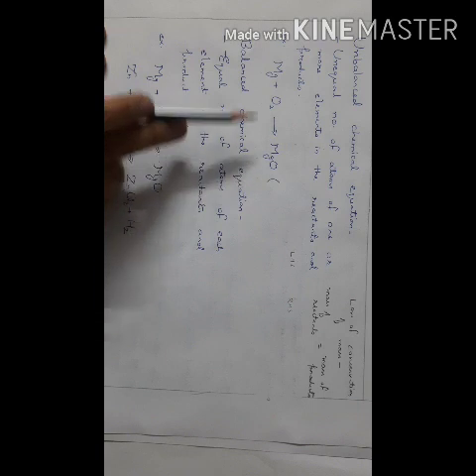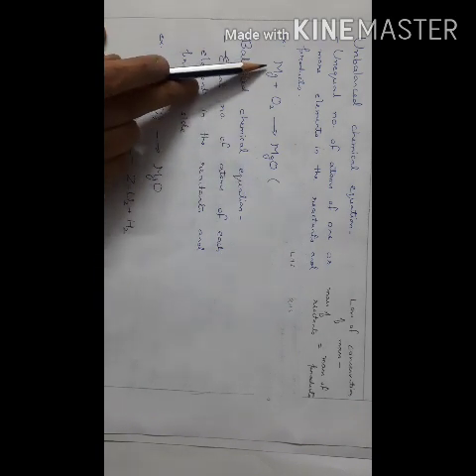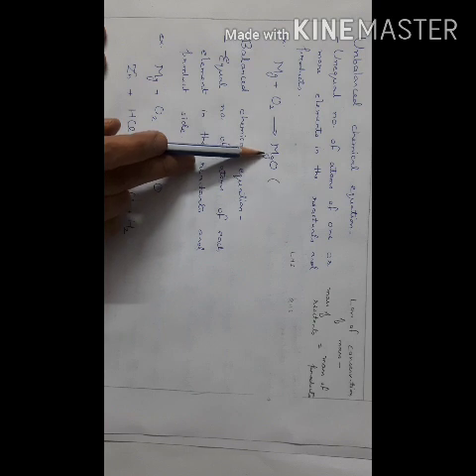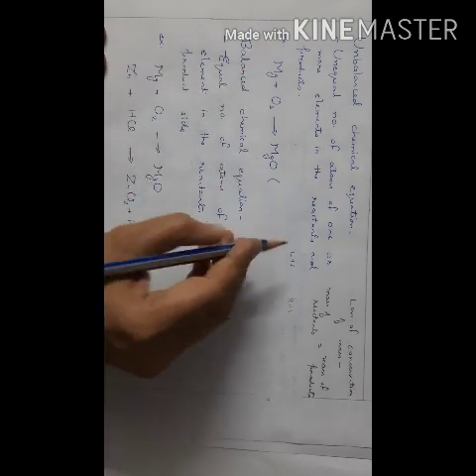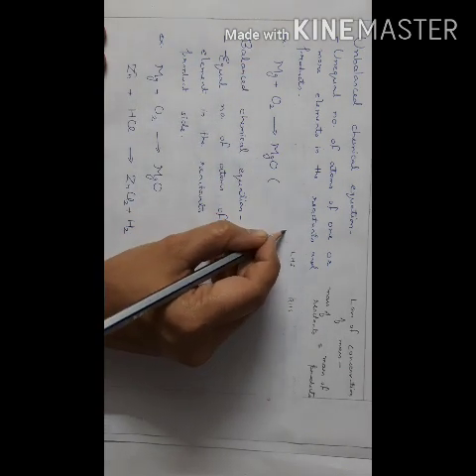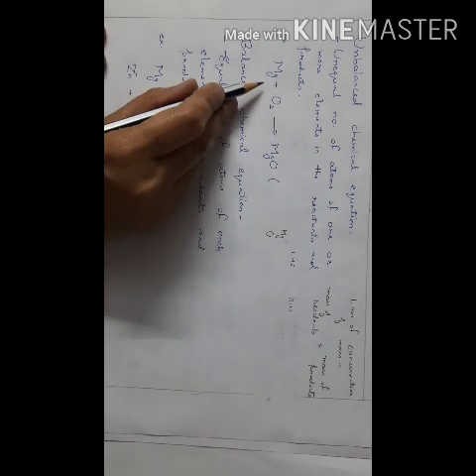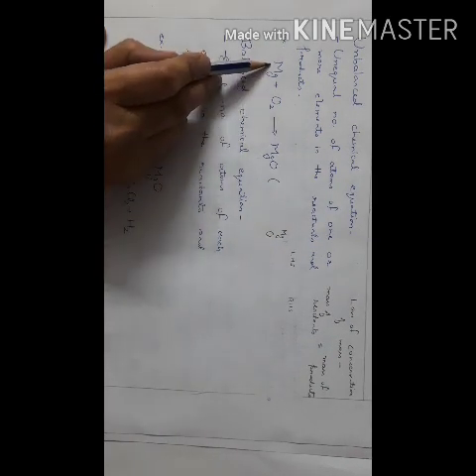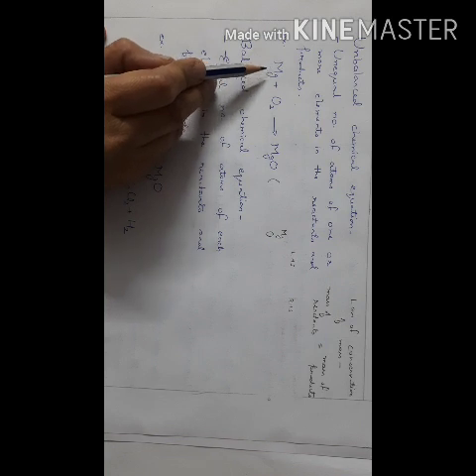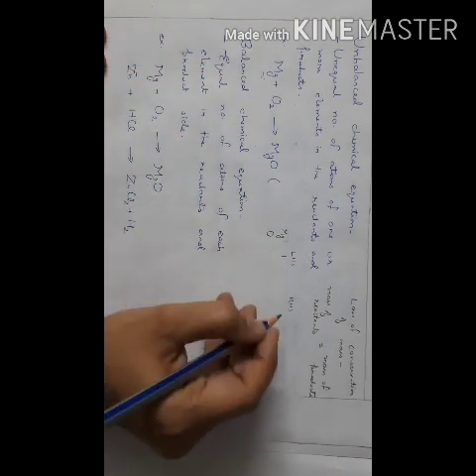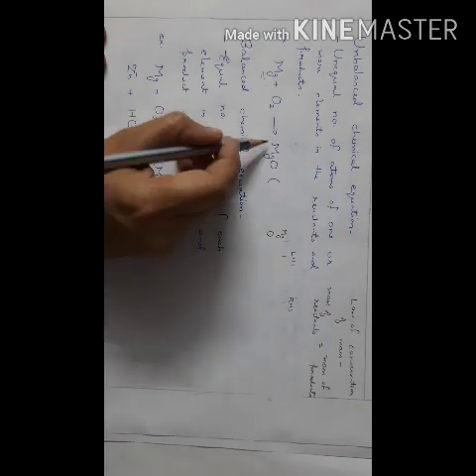We find that this equation contains an unequal number of atoms of one of the elements on the reactant and the product side. It has two elements, magnesium and oxygen. The number of atoms on the left hand side is one atom of magnesium. On the right hand side also there is one atom of magnesium.